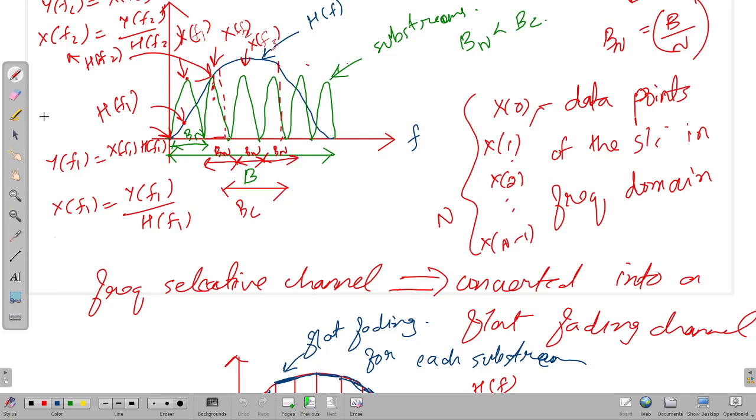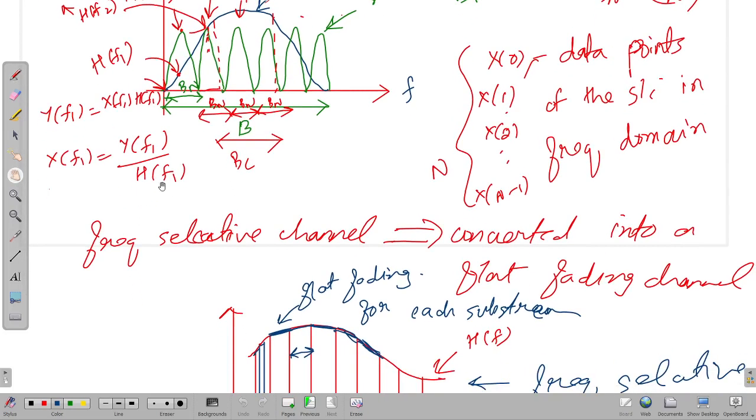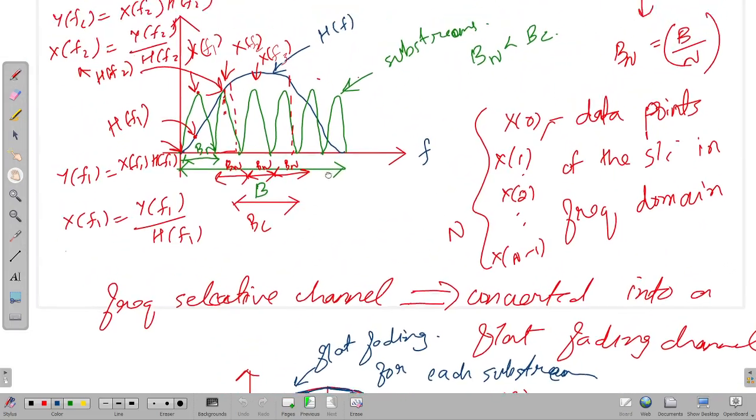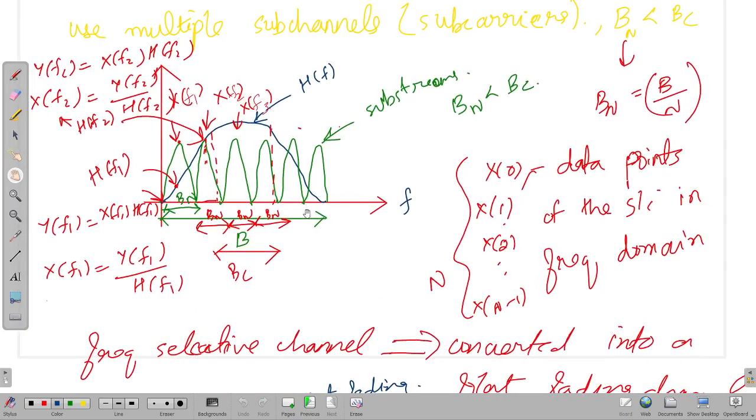But in the time domain, it is a slightly more complex thing happening, and you need to really listen to understand what is really happening in the time domain of this multi-carrier modulation technique. Let us see that now.